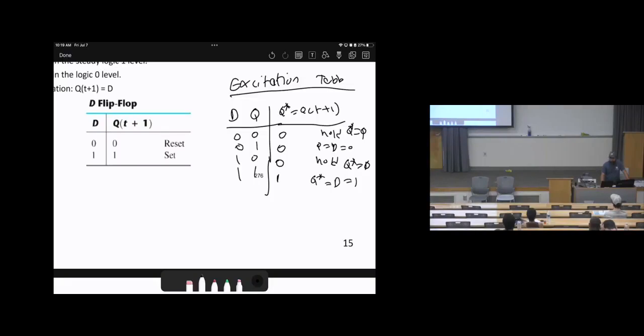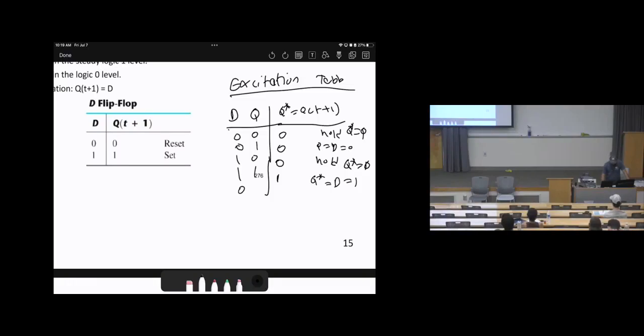Okay? Then later, let me make it 0 and 1. What will happen here? I think I got confused with something, because there should be an enable as well.